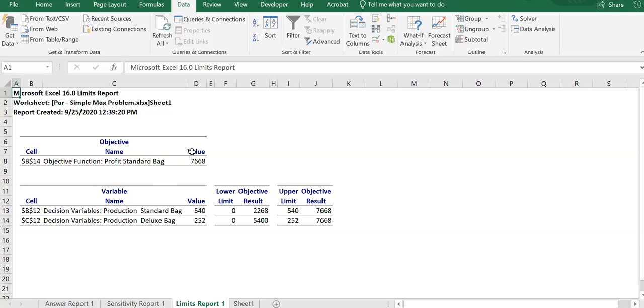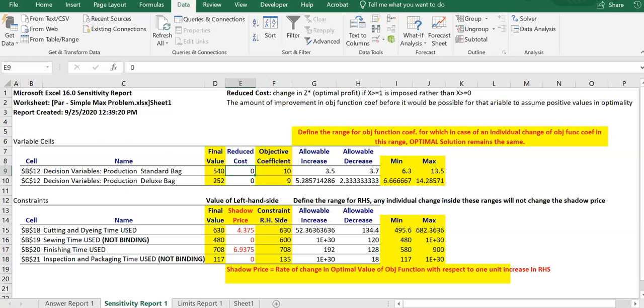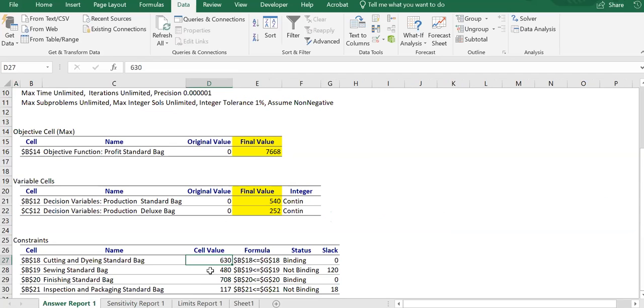That's all it does. So first, the objective name and the value of the objective function, the optimal value. We already knew it. We have seen it multiple times in the answer report, actually, right? 70, yes, we had it here.